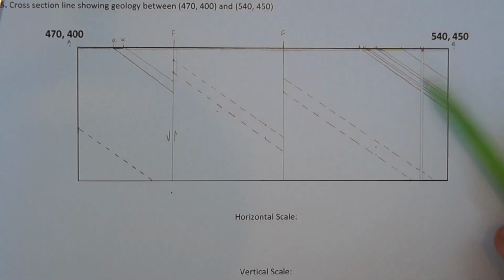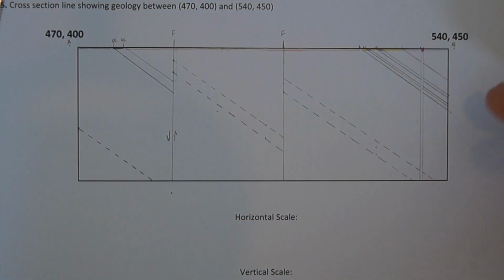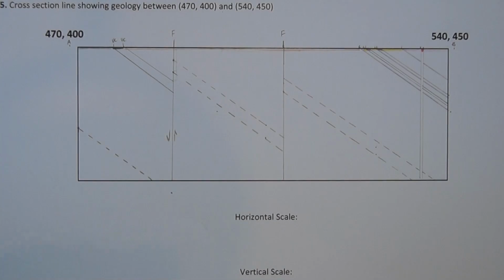So now that I've finished all of my contacts, I can start colouring in my geological cross-section and get the finished article out of the way. So I'm going to start with colouring in our happy little dolerite dike in red. Then I'm going to move on to our Triassic sandstones.